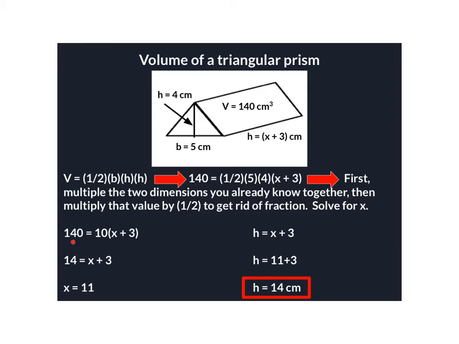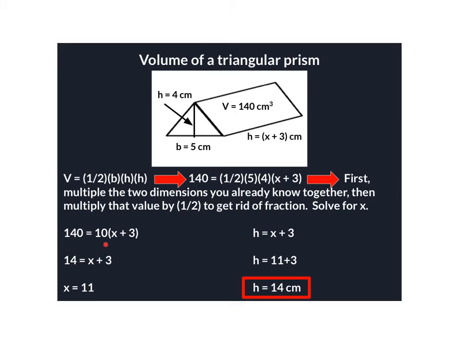And so now we've got this equation, 140 equals 10 times (x plus 3). Well, to undo the multiplication between the 10 and the (x plus 3), we can just divide both sides by 10. So right here, 140 divided by 10 gave me 14. Over here, I divided all this by 10, so the 10's canceled, and it just left me with x plus 3.